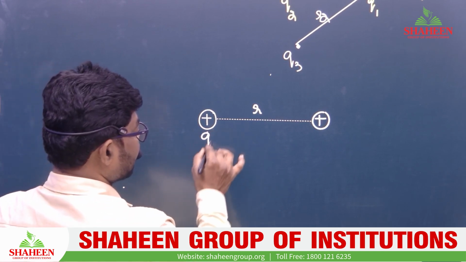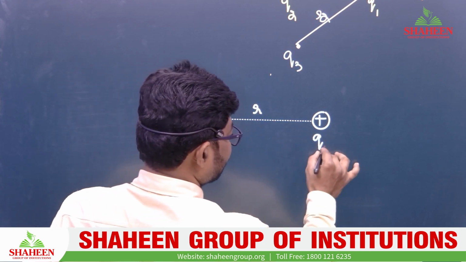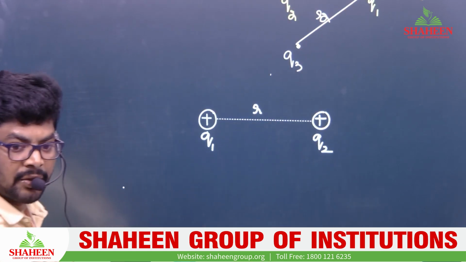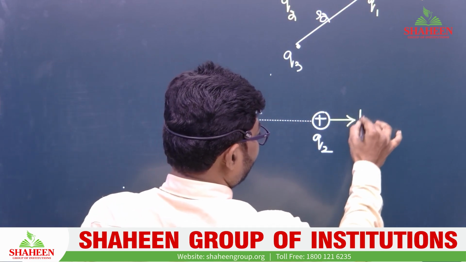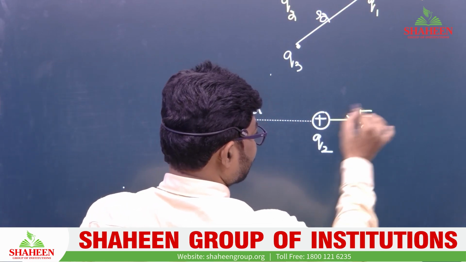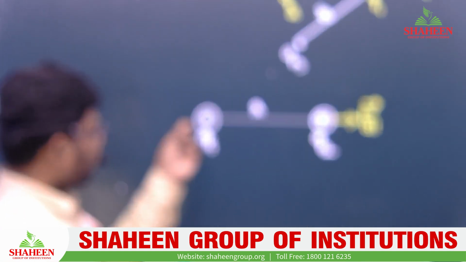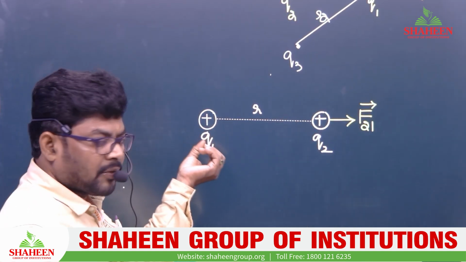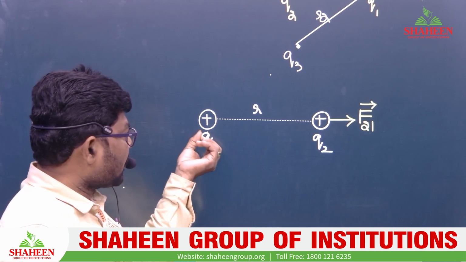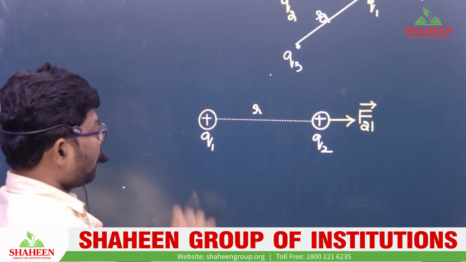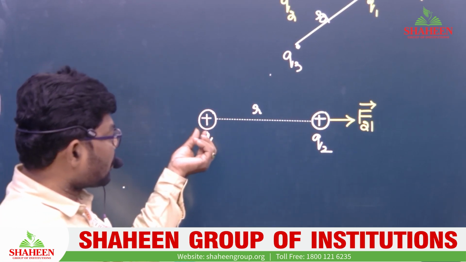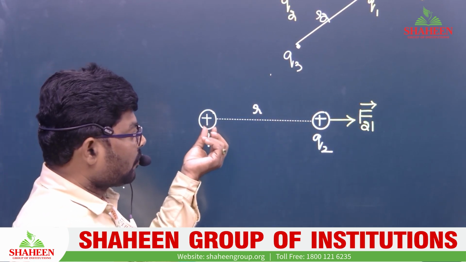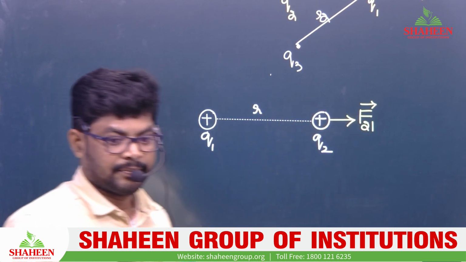Let us assume that this is Q1 charge, this is Q2 charge. So the force on 2 due to 1, the force on the second due to the first charge, it is away from the charge. किसके वजह से हम फोर्स निकाल रहा, वो चार्ज का ऑन Q2 चार्ज के ऊपर कौन सा चार्ज के वजह से फोर्स निकाल रहा, उसी चार्ज का दूर रहता.